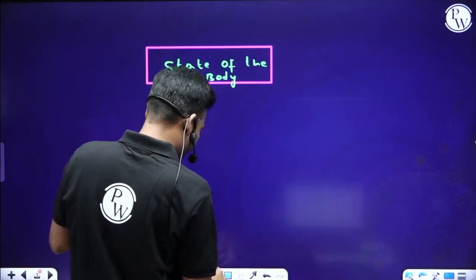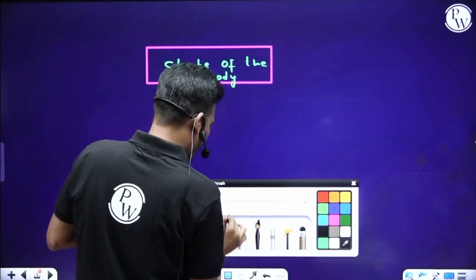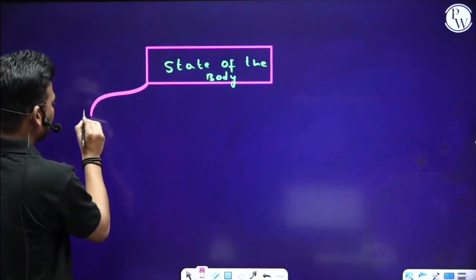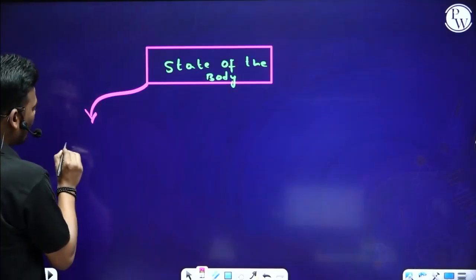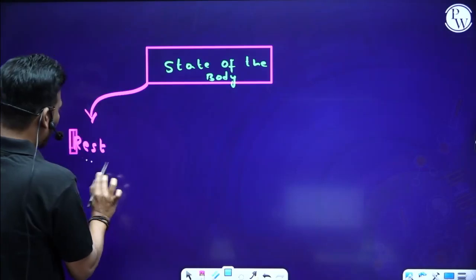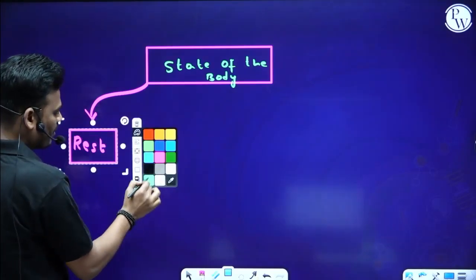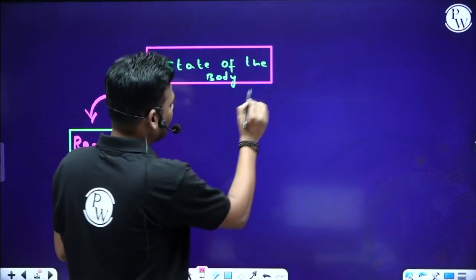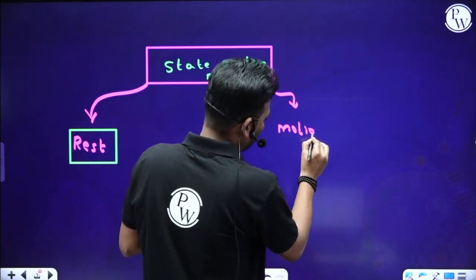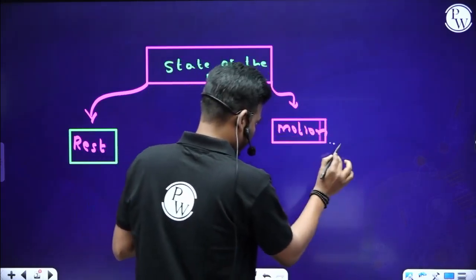If I consider the state of the body, you can observe in our day-to-day life, the first one, maybe the body is at rest, or maybe the body is in motion. So these are the states of the body.